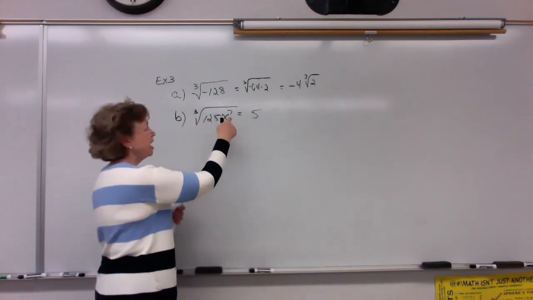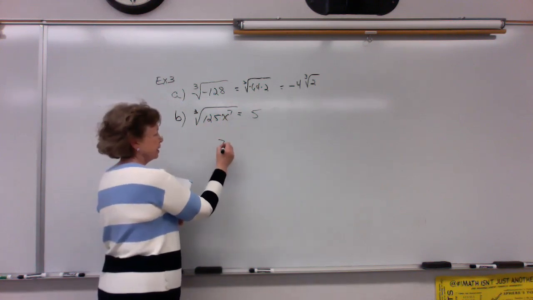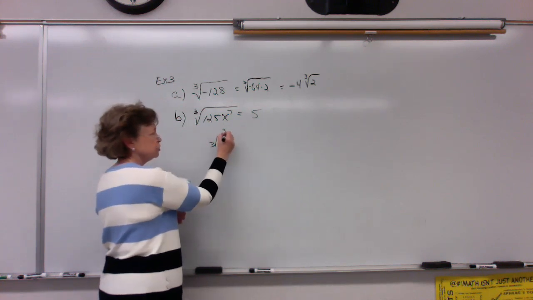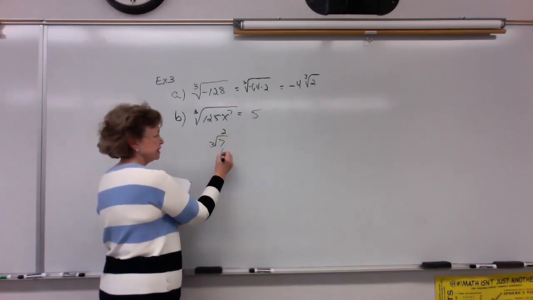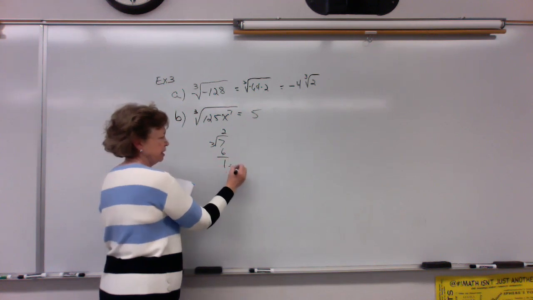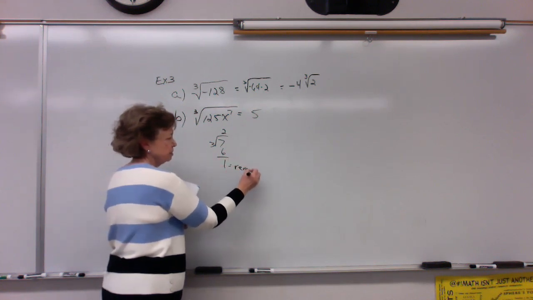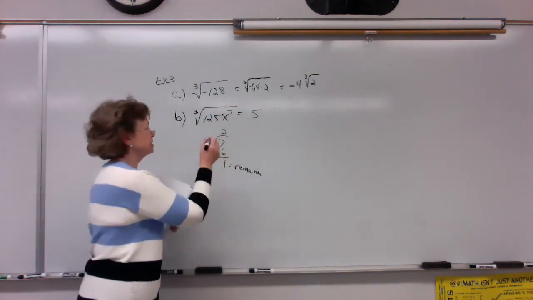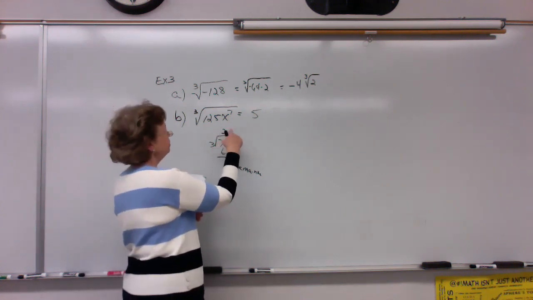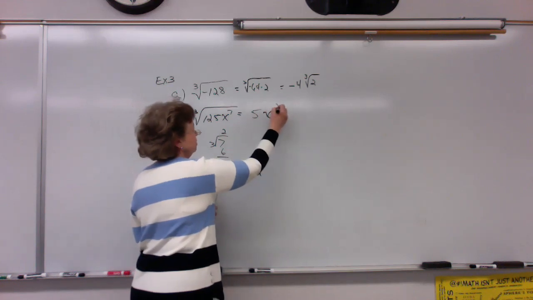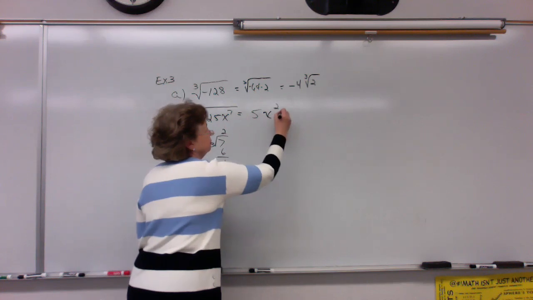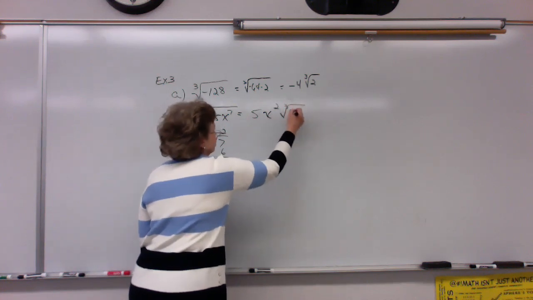If you divide 7 divided by 3, 2 times. 2 times 3 is 6, and I have a remainder of 1. So this is the remainder. This is the number that can come out. So this is the exponent of things that come out. So I have x squared. I have an x that's left behind. So this will be the cube root of x.